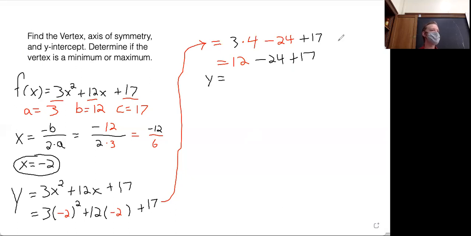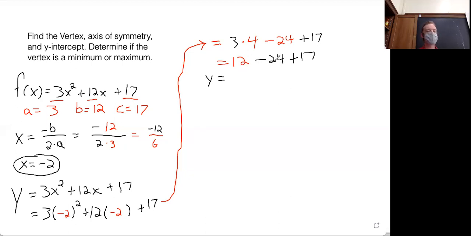And so when we combine this together, make sure you are working left to right. PEMDAS does list addition before subtraction, but addition and subtraction happen at the same time, meaning that if we have both addition and subtraction right here, I have to work left to right. So I want to do 12 minus 24, not 24 plus 17. Got to work left to right.